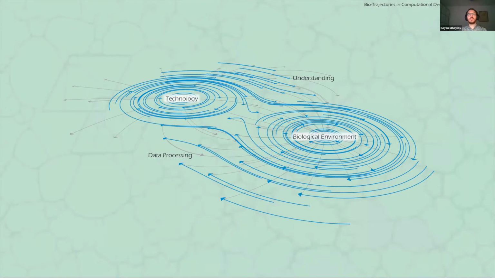Talking about all these technological advances and computational capabilities, the same technology also allows us to observe and model and understand nature, including the biological environment, better than ever before.